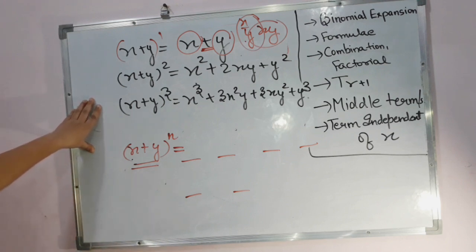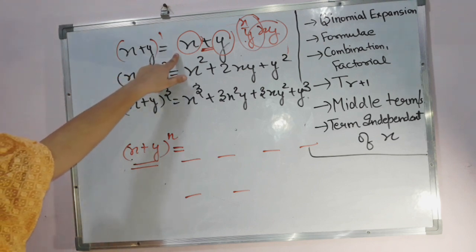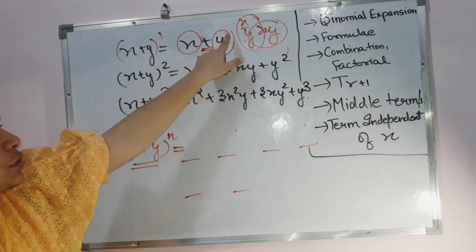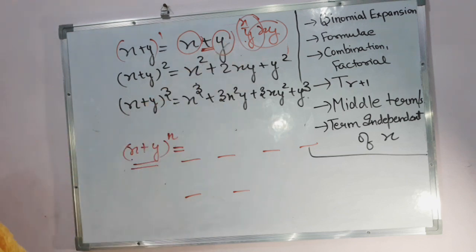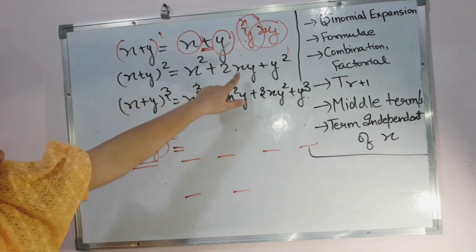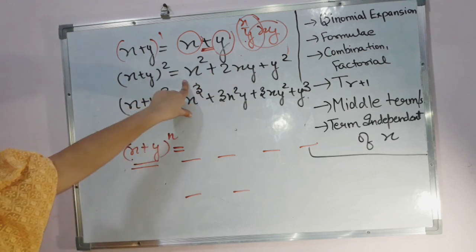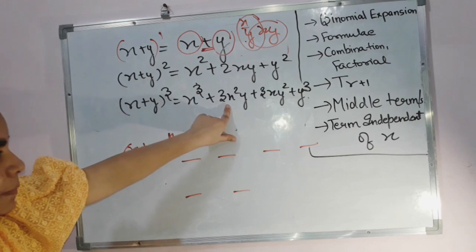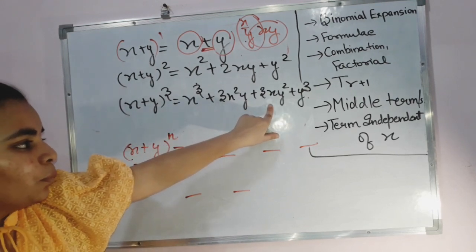Now, the second thing that we can observe here is, if you see, in this one it was x power 1 and plus y raised to the power 1, right? Here you see x raised to the power 3, x raised to the power 2 and x raised to the power 1.